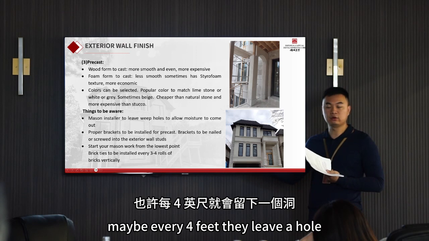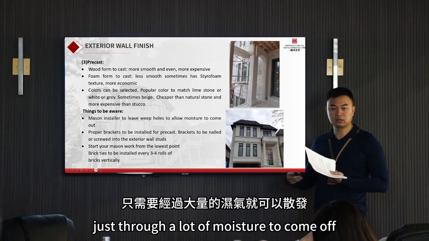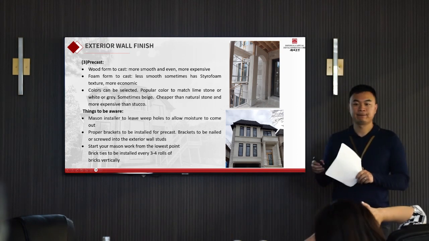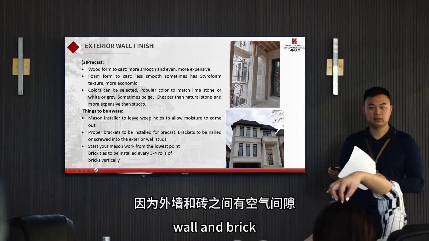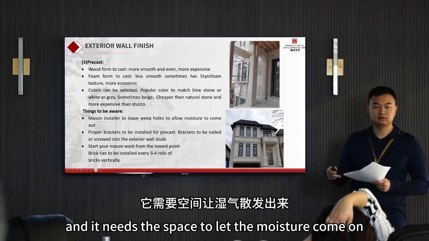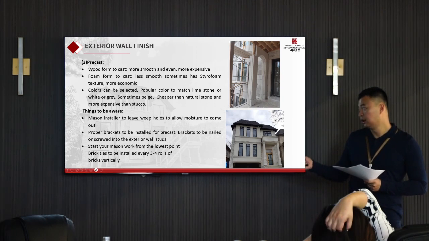Maybe every 4 feet they leave a hole just to allow the moisture to come out from behind, because there's an airspace between the exterior wall and the brick. Sometimes moisture traps in there and it needs the space to let the moisture come out.